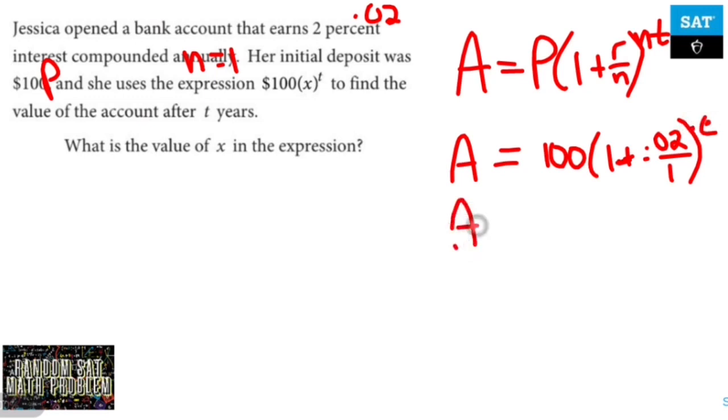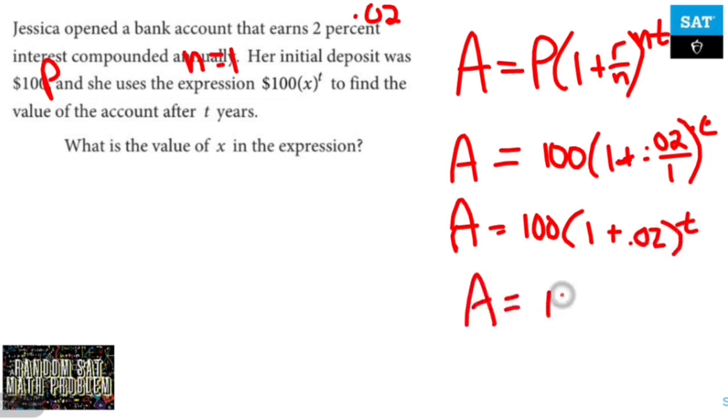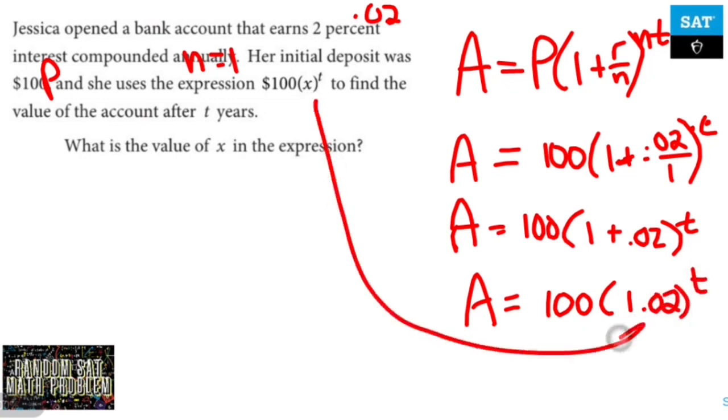So that becomes a equals 100 times 1 plus 0.02 divided by 1, which is 0.02, to the t, and that becomes 100 times 1.02 to the t. So what is the value of x? 1.02. So again, I did a little bit more than necessary, but that's because I wanted to show you why all of this will work out just fine.